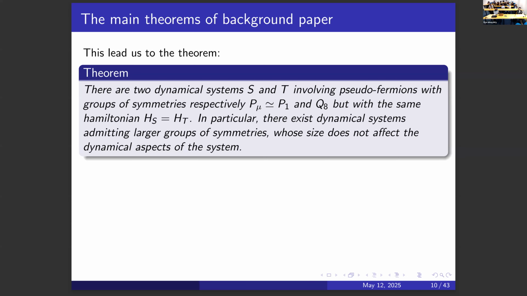And so we were able to find two systems, F and T. One has a group of symmetries P1, so order 16, and the other has Q8, so order 8, yet they have the same Hamiltonian. In a way, these two systems are essentially describing the same system, except one has a smaller group of symmetries than the other.